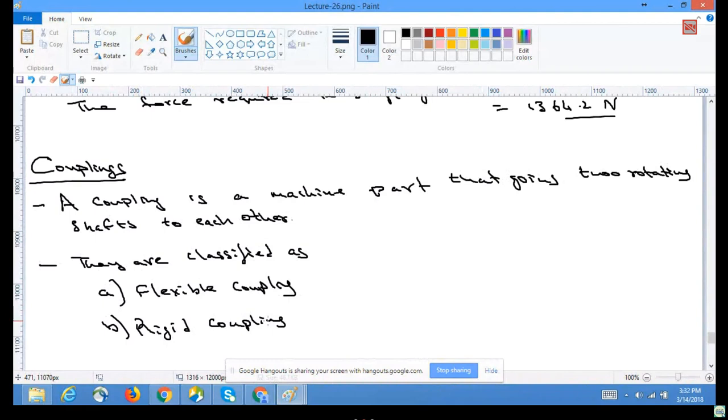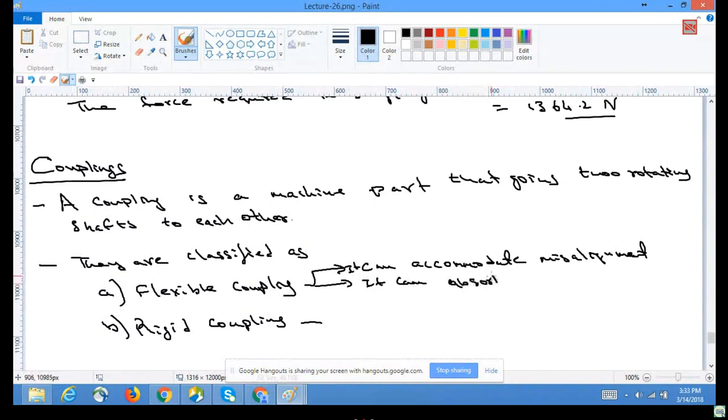So the advantages are, this rigid coupling is very idealistic in nature, whereas the flexible coupling can accommodate misalignment, both axial and rotational, and it can absorb sudden loading shocks.